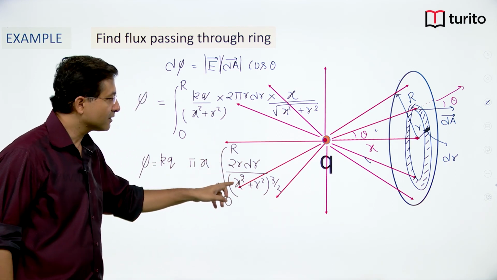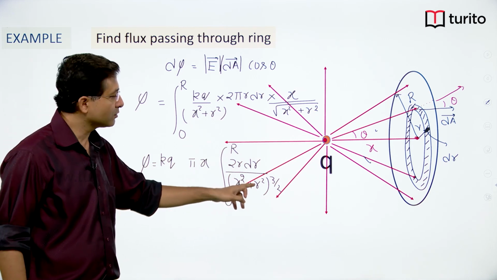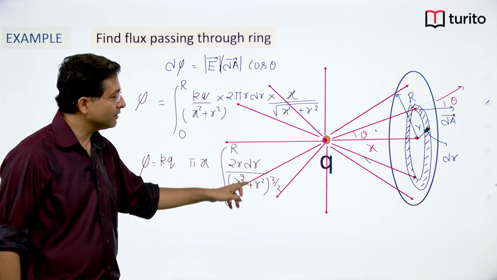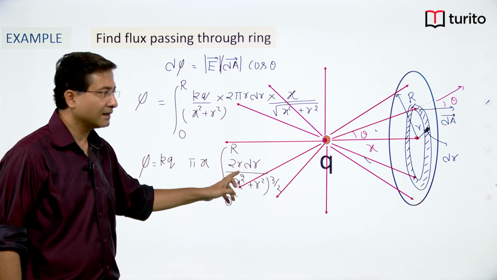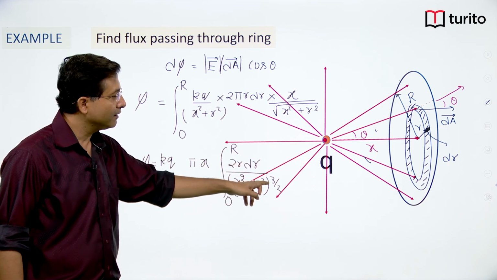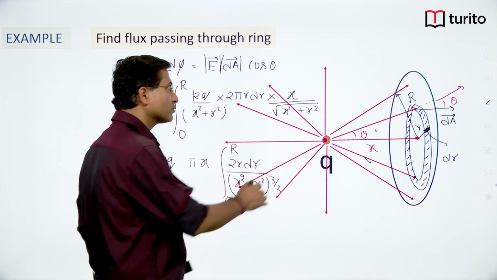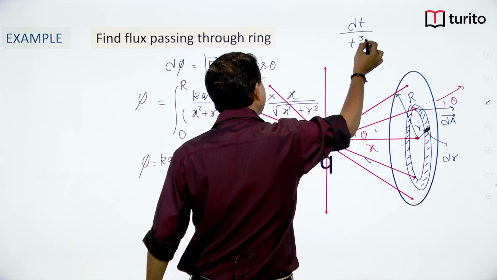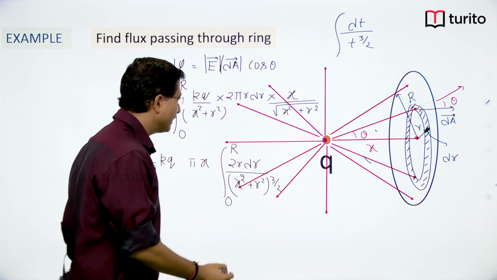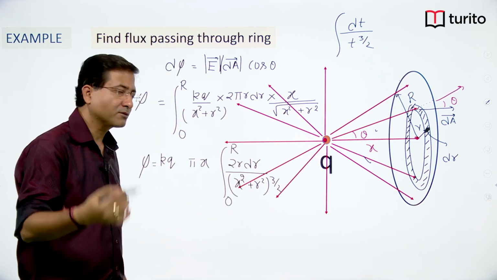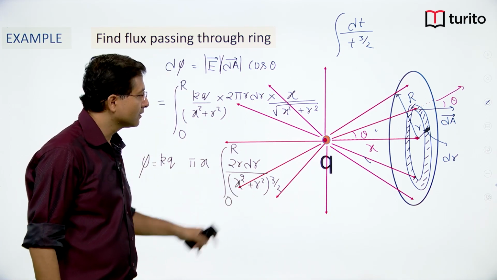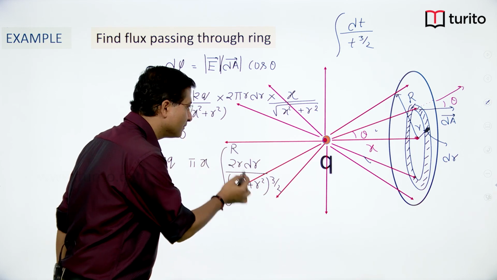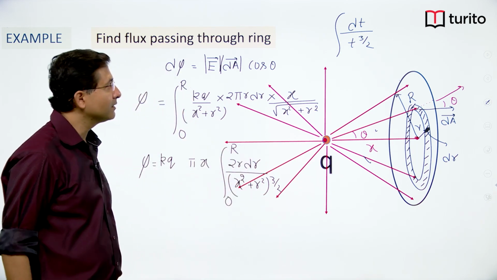Again I will tell, assume this one something, so this will become t, and this will become dt, right. So, this is dt divided by t to the power 3 by 2. I am using the substitution method to integrate this function. If I assume this as t, this numerator will become dt.